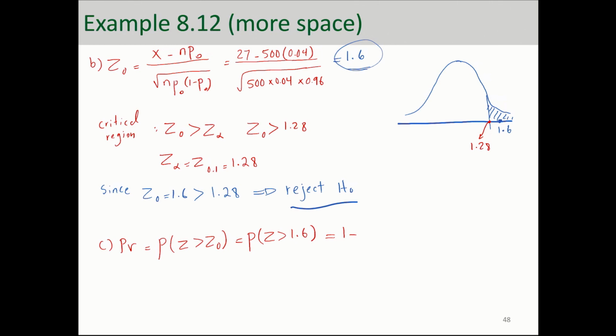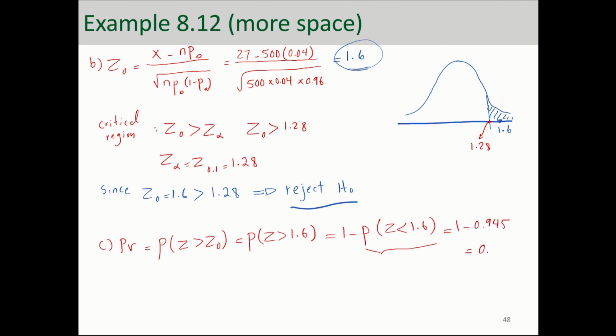Well, you can read that probability by doing 1 minus probability of z less than 1.6, and you can directly read that part from the z table, and that is 0.945.